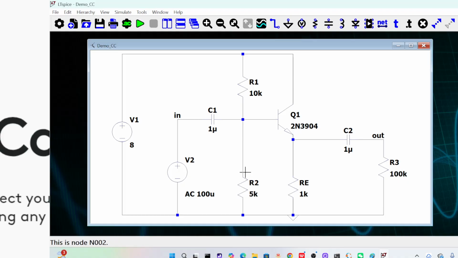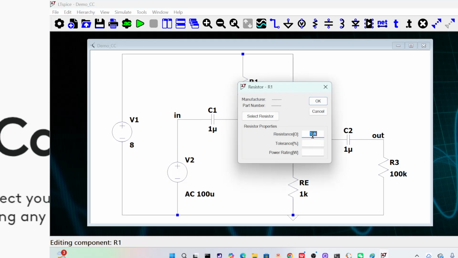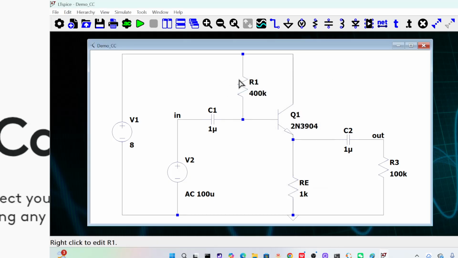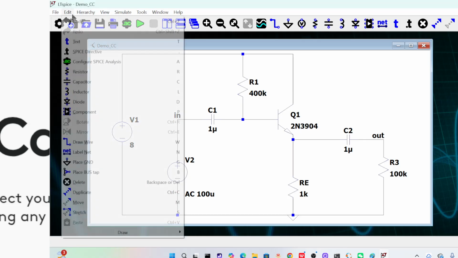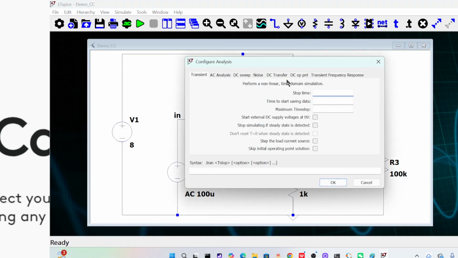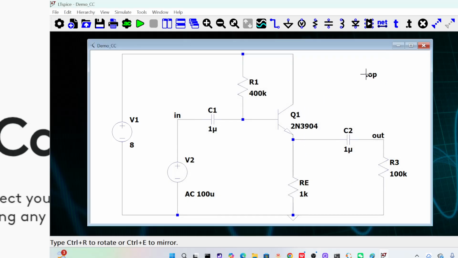We don't use this resistor. We delete this, and we are going to bias it again. We need to make sure the current here is enough. So we make it, say, 400, because this kind of biasing circuit needs a very big resistance here. And we are going to simulate the DC operating point and make sure we have enough current to drive this transistor.